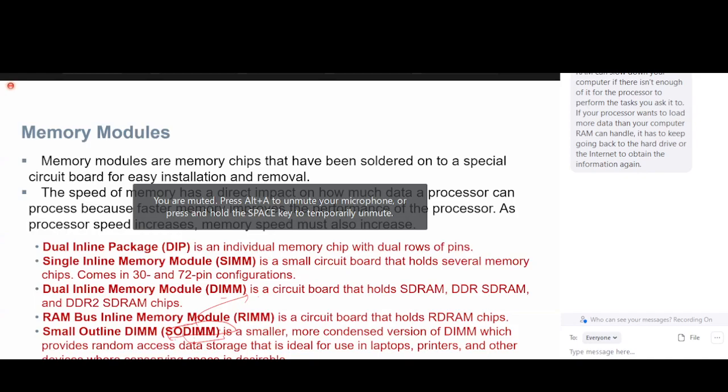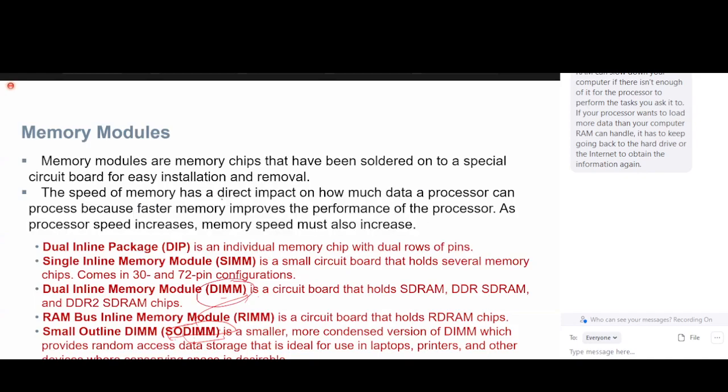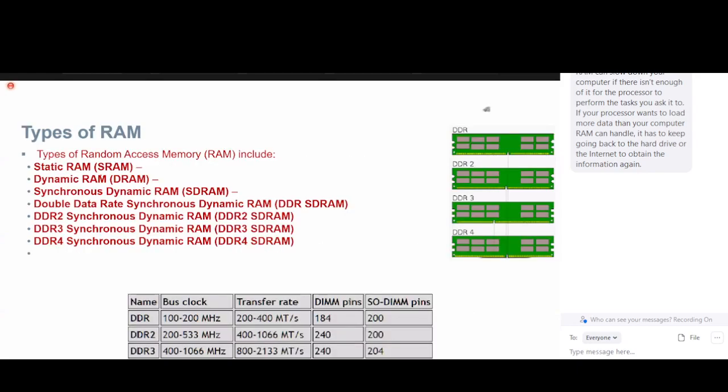So we are talking about different types of memory, random access memory. Static RAM is SRAM, and then the other type is DRAM, right? So DRAM basically, have you ever heard those terms before?